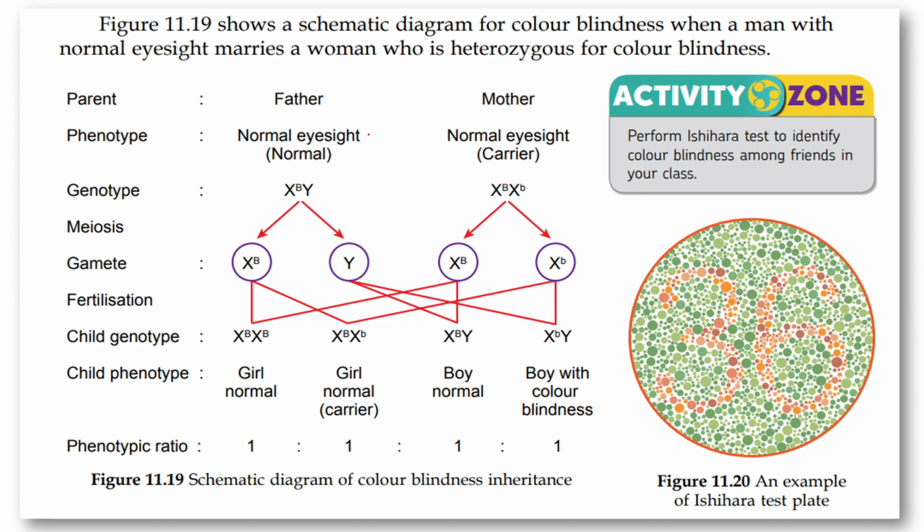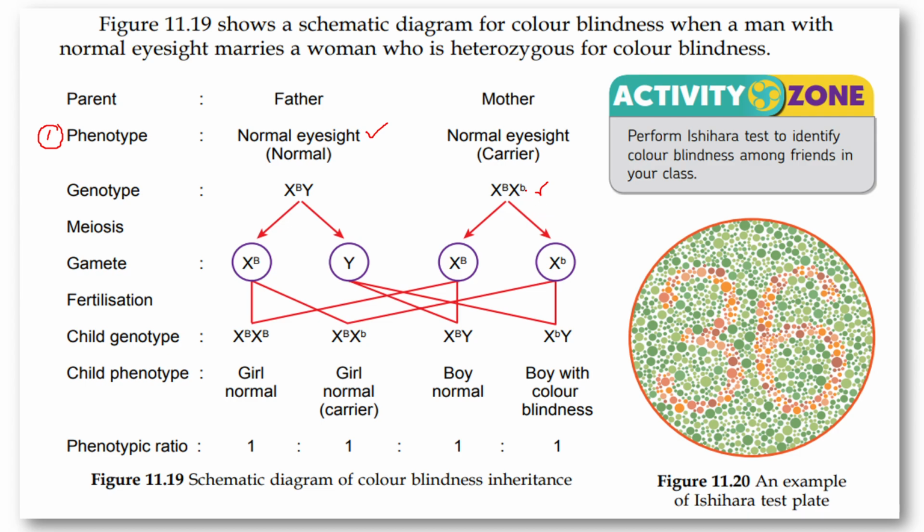A man with normal eyesight marries a woman who is heterozygous for color blindness. So the first step of doing the schematic diagram is we write down the phenotype. Normal eyesight father, normal eyesight mother, but the mother, despite having normal eyesight, is actually a carrier because of the genotype.